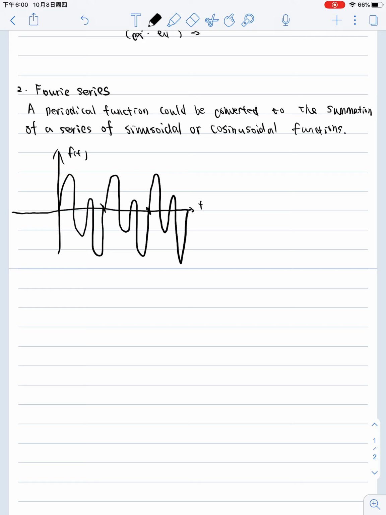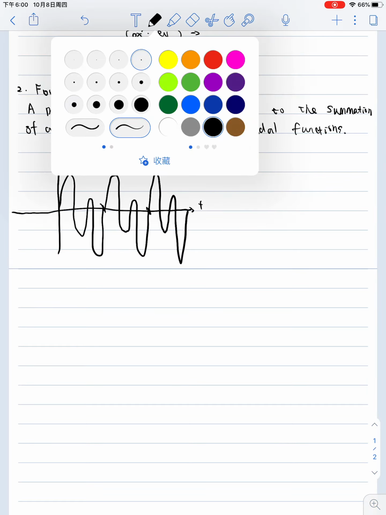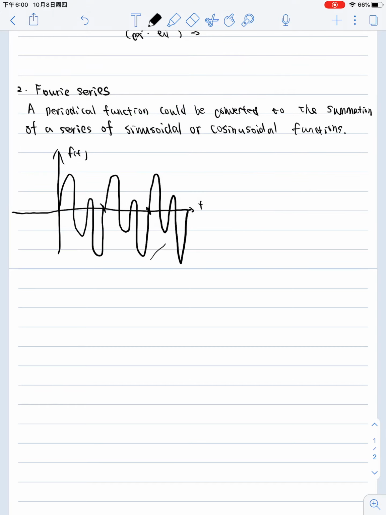That means this periodic function could be converted to a summation of a series of sine or cosine functions. For example, we can convert it to some sine functions. That means we can draw the sine functions with this original function in the same plot.